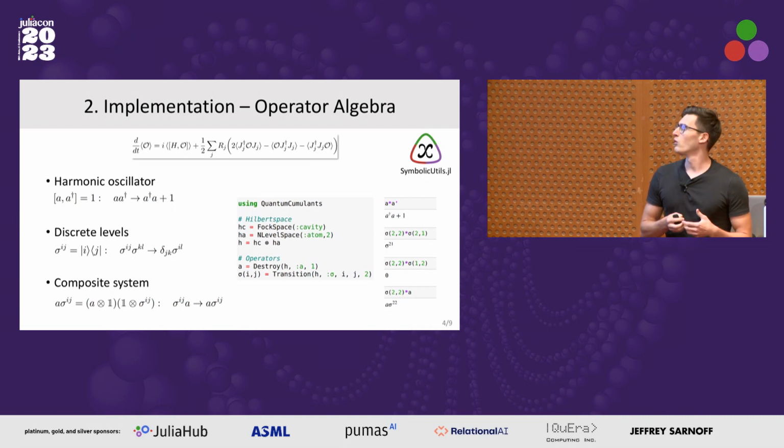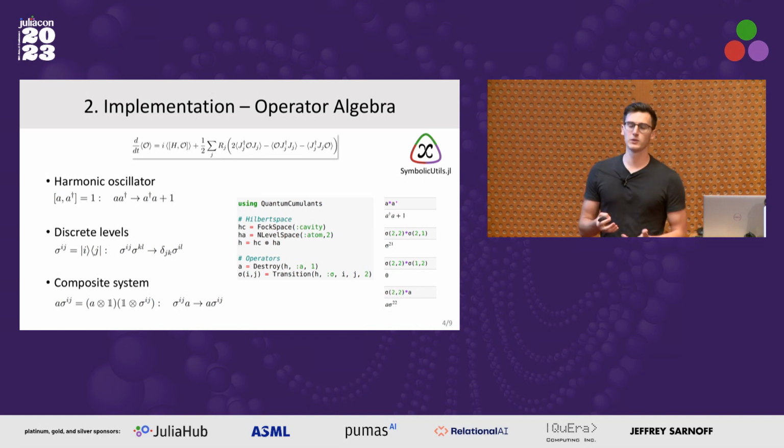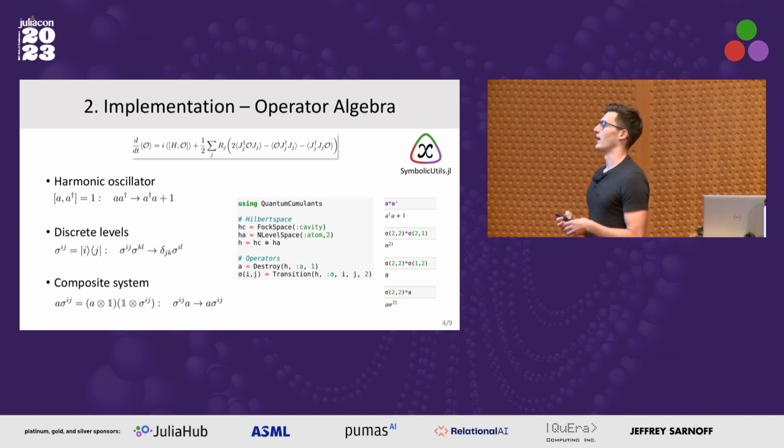First of all, we always need to specify which Hilbert spaces we want to have. In this case here, we have one Fock space, for example, for a cavity mode, and we have one n-level space here for a two-level atom, so this means a two-level space here. The full Hilbert space is then, of course, just the tensor product of these two Hilbert spaces, and on this full Hilbert space, we can then define our operators.